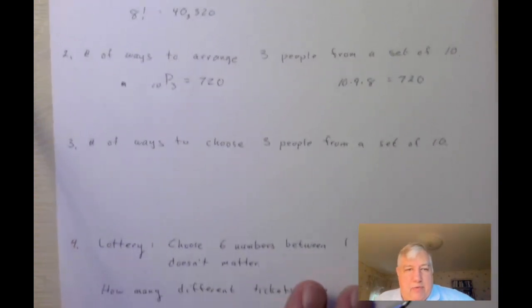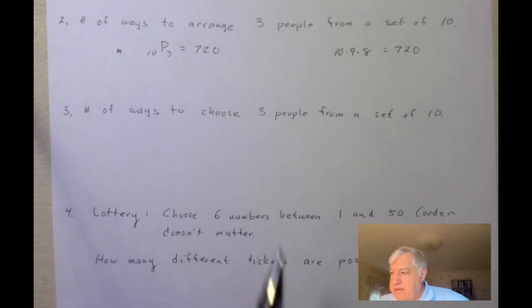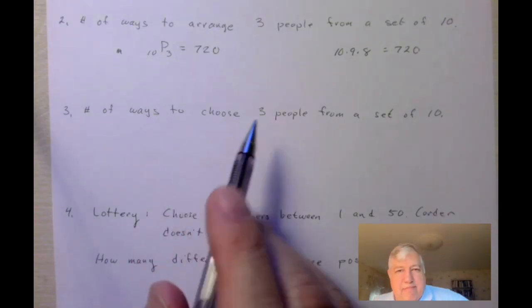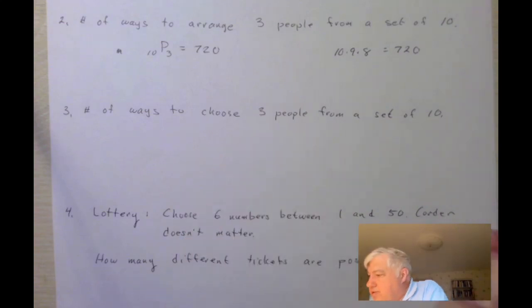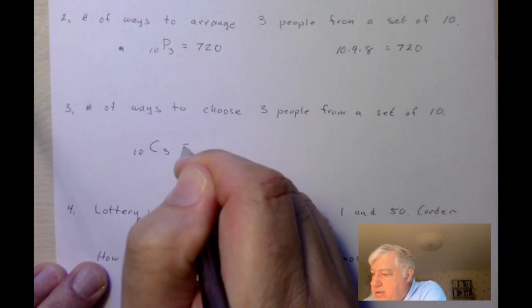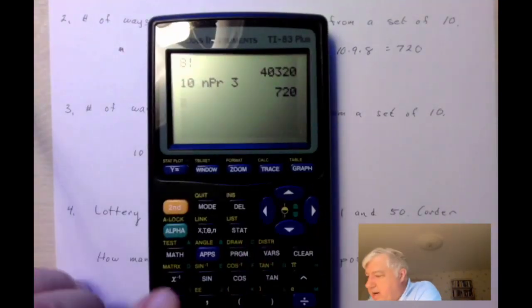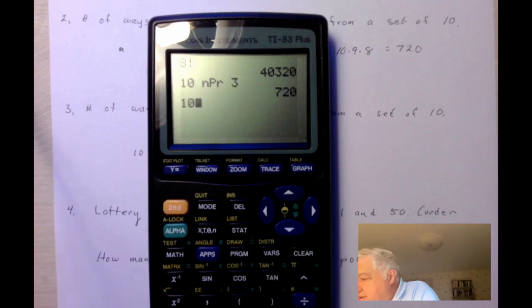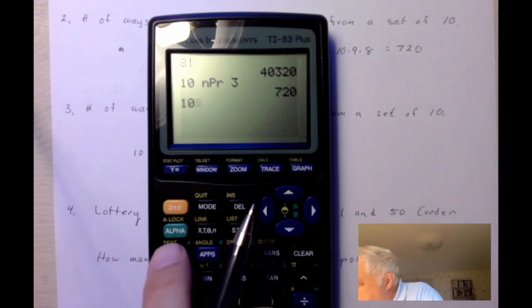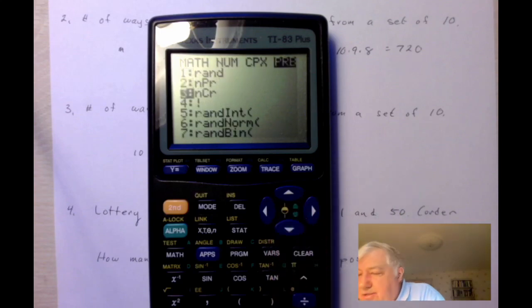All right. Now, let's say we want the number of ways to choose 3 people from a set of 10. Choosing means order does not matter. So this is 10C3. To find this on our calculator, we again hit 10, then go to our math button, our probability menu, and there's nCr right at number 3.